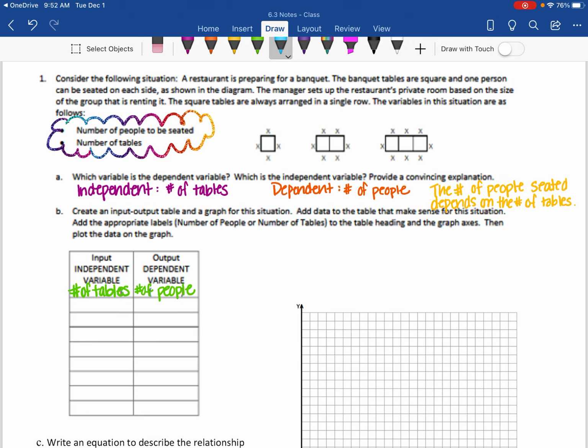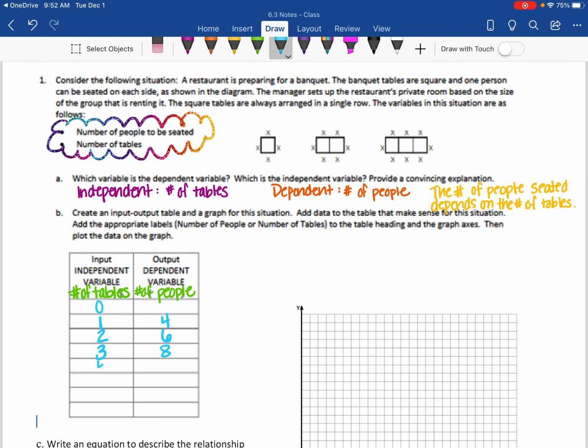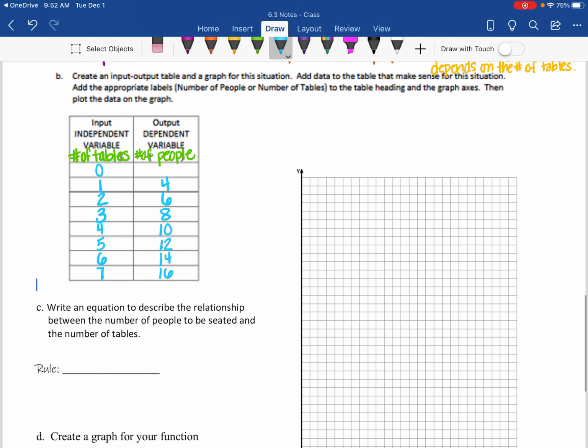If we have 0 tables, we can't see that, so we can't answer that from our diagram, but we can tell if we have 1 table that fits 4 people, 2 tables fits 6 people, 3 tables fit 8 people, and we can continue this pattern on just to give ourselves some more points to plot. Okay, and hopefully you're seeing that the pattern here is +2, so we can go ahead and fill that in, 10, 12, 14, 16.